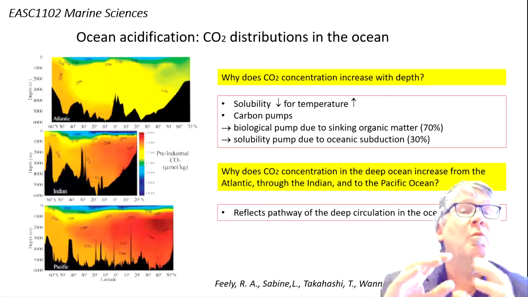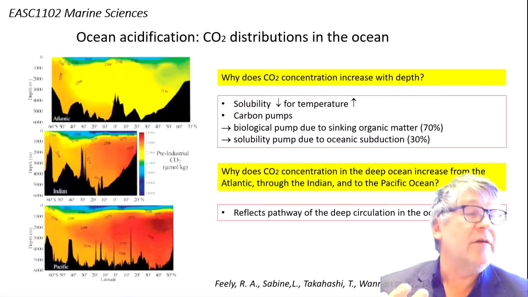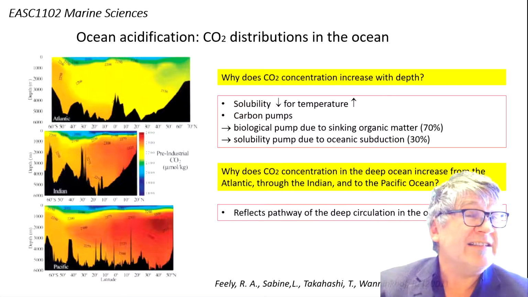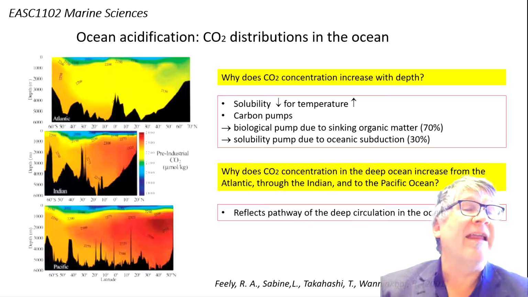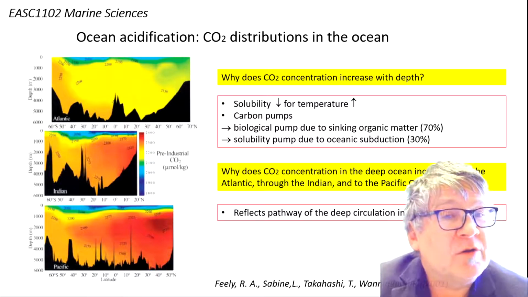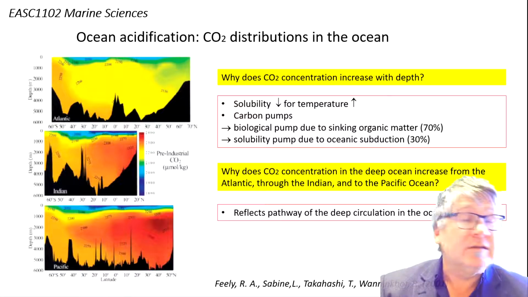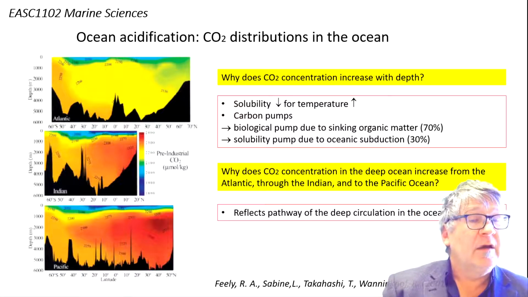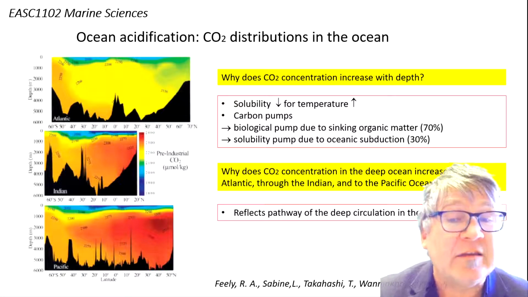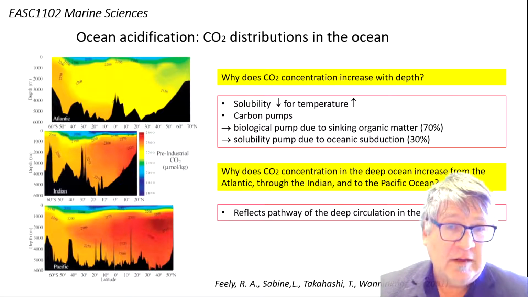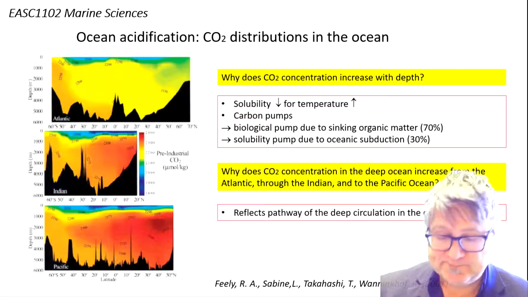And so as you now move through the deep oceans, the concentration of dissolved CO2 will increase from the North Atlantic, where the deep circulation starts, that's the great ocean conveyor belt, to the North Pacific, and also the Northern Indian Ocean is pretty isolated, that's why you have higher levels there too.